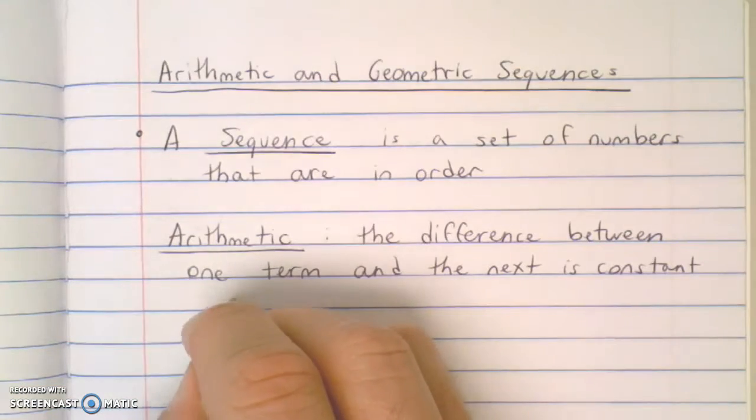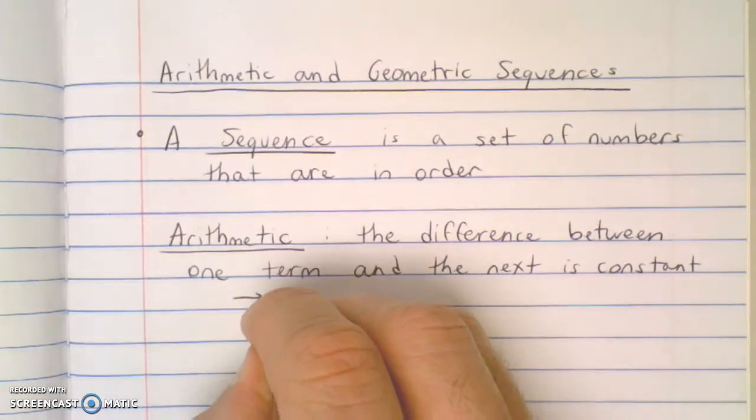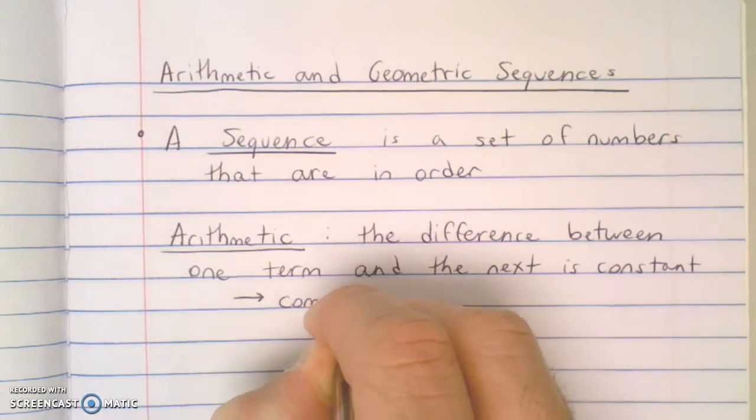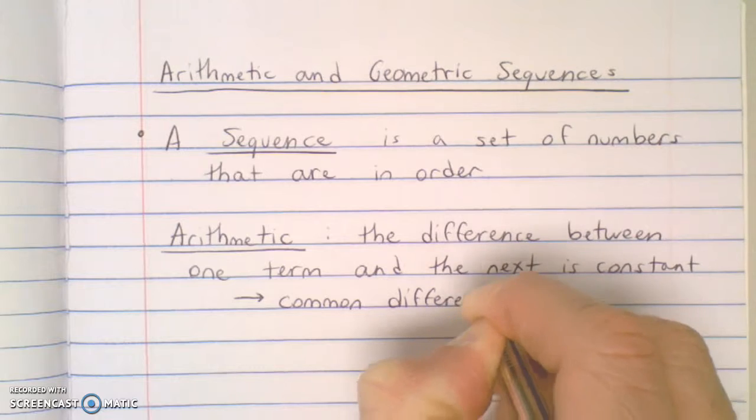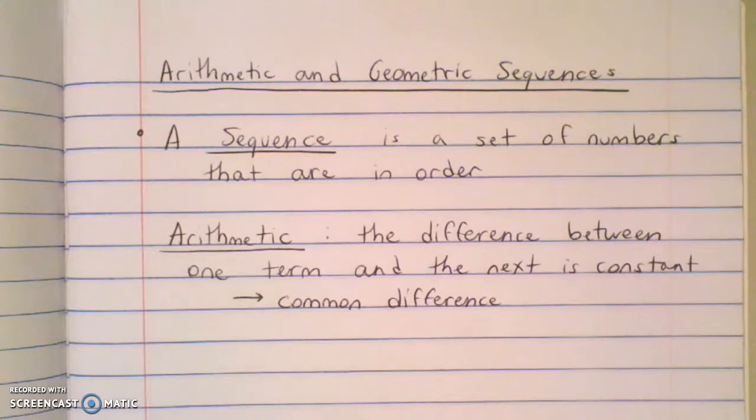That difference is called the common difference. So if I give you a list of numbers, you should be able to identify the common difference between those numbers and then establish some further numbers in the pattern.